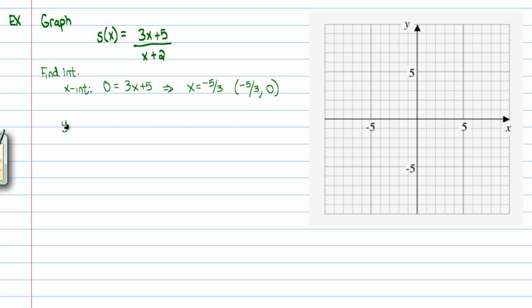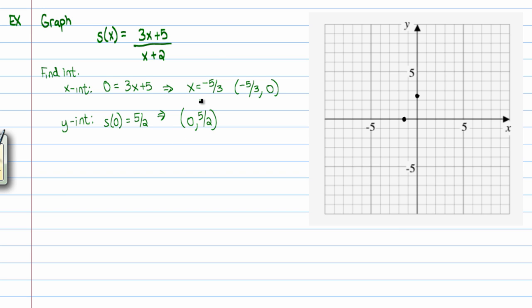And then the y-intercept, again, just occurs when the input is 0, when x is 0. And you can see by the function, when x is 0, you have 5 halves. So here we go. We get (0, 5/2) as our y-intercept. And I'll go ahead and plot those.